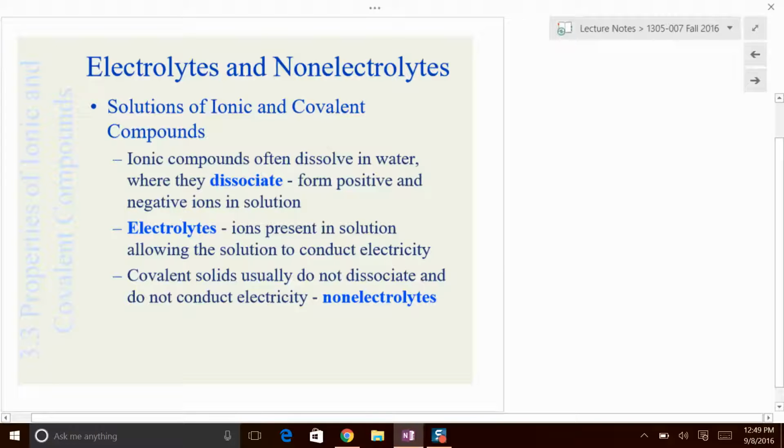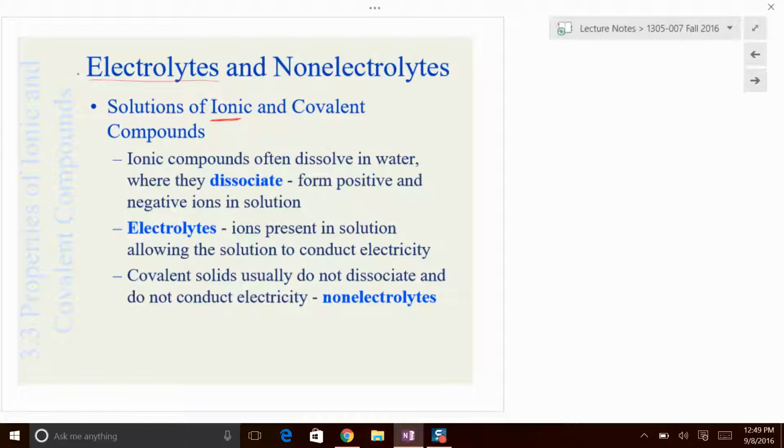All right. Ionic compounds can be determined as electrolytes. They are electrolytes, meaning that when the ions are present in solution, it allows them to conduct electricity.